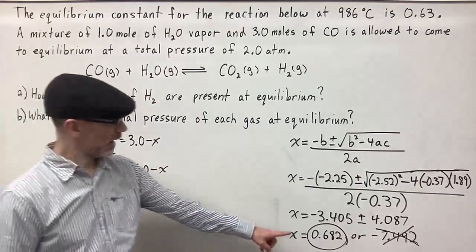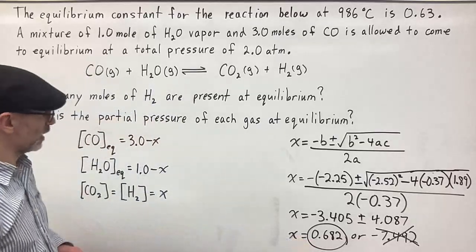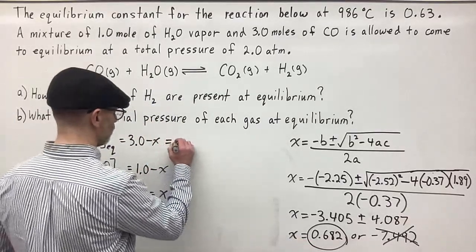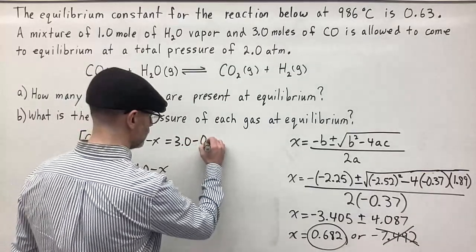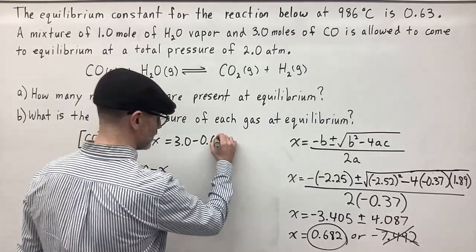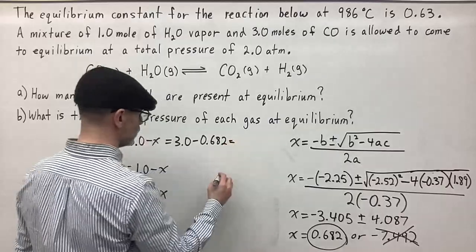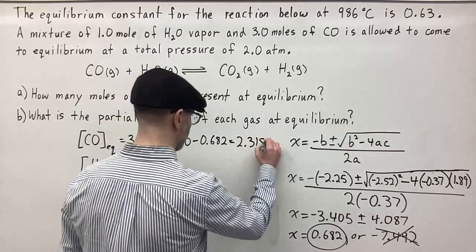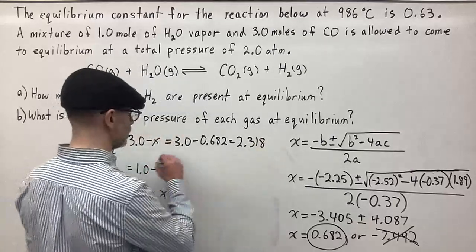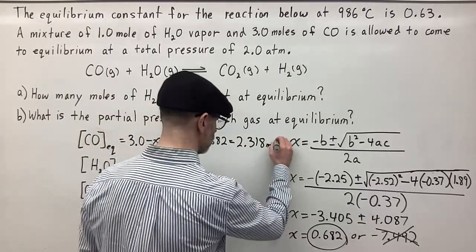We now have our x value, so now we can plug that in. So then we have 3.0 minus 0.682, which is going to give us 2.318 moles.